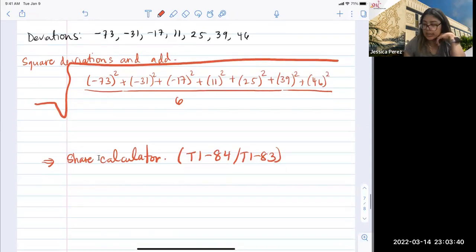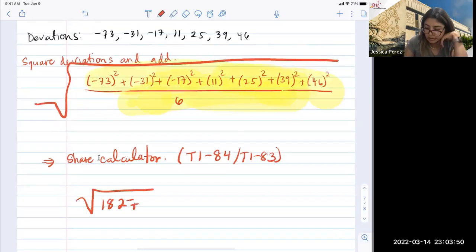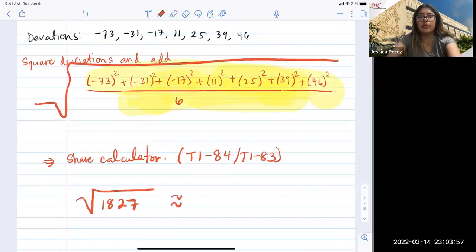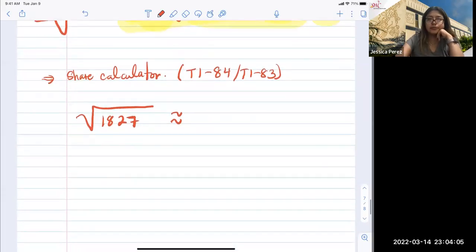Then you're going to be taking the square root of that number. So once I did that, the number on the inside was, so we have the square root of 1827 after I divided it. So I'm going to take the square root of 1827, and that's going to give me roughly 42.743.